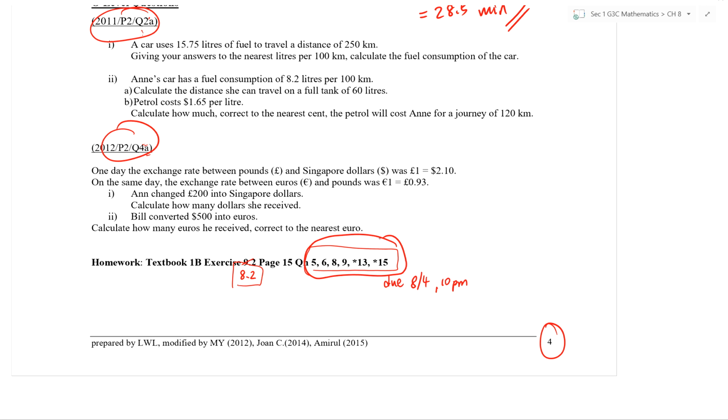This is for you to refer to do your self-marking and to do your corrections before you take a photo and upload it onto Google Classroom tonight at 10 PM. By doing so, we will reduce the number of times I return the work to you. You do your corrections, you return it to me, I check and I return to you. So we will try to cut that down.